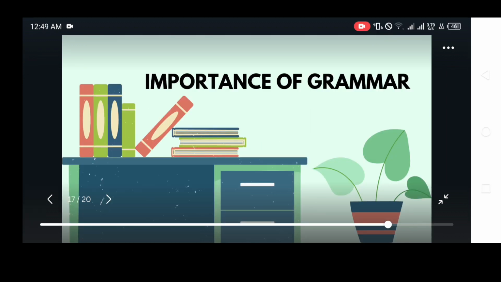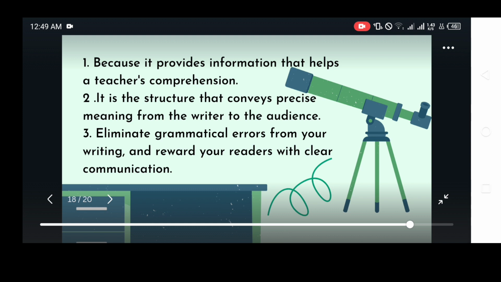Additionally, in my report, the importance of grammar. We all know that grammar provides information for the reader's comprehension, and in every piece of research that we read, we observe the grammar. Why?